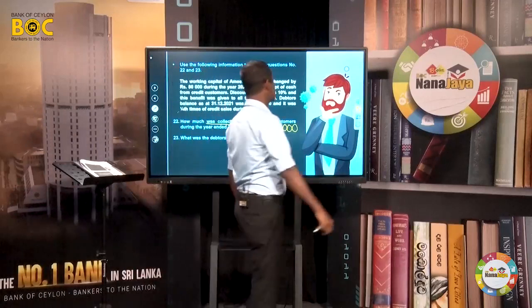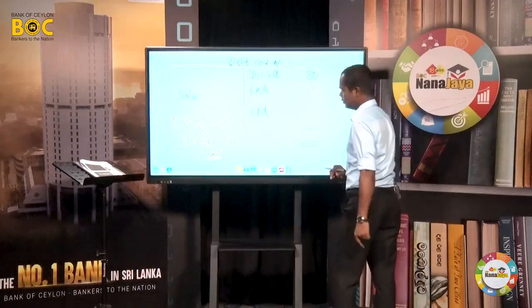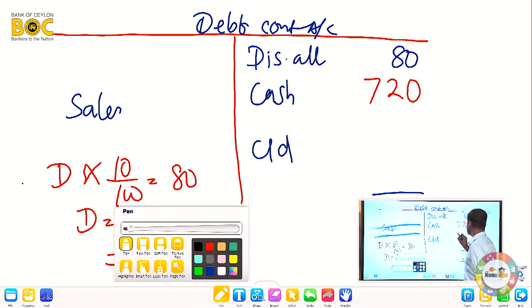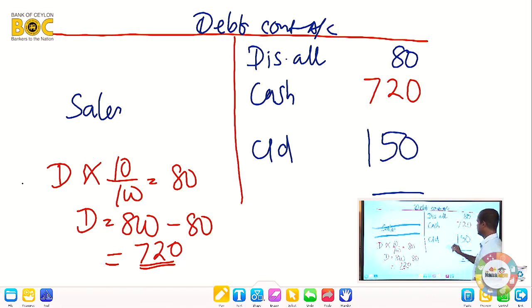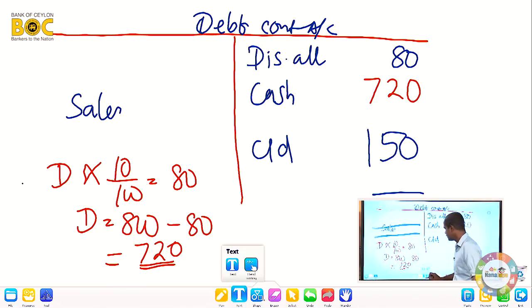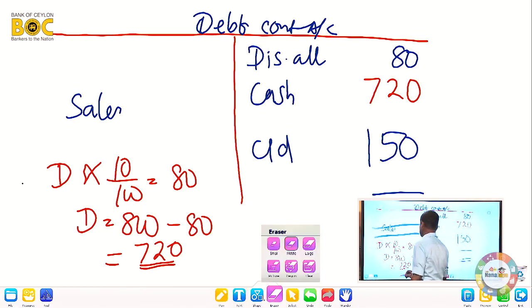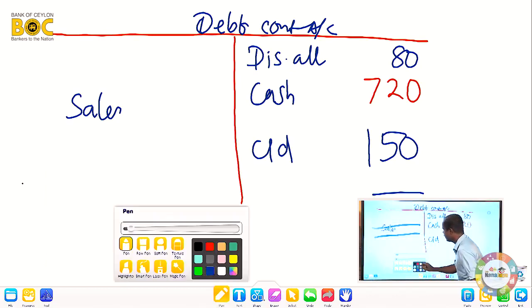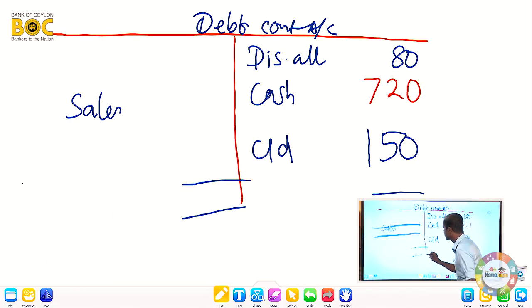And you can record it in our control account. The closing debtors balance, the balance carried down, is 150,000 rupees.